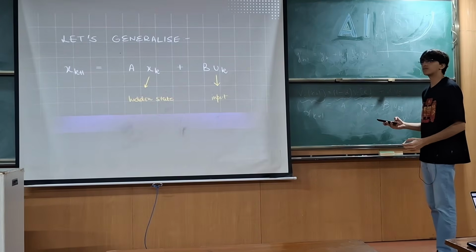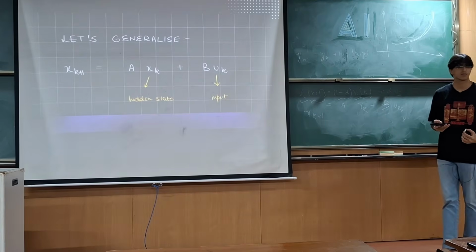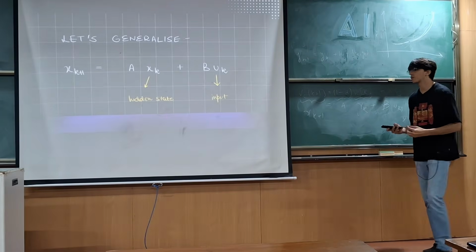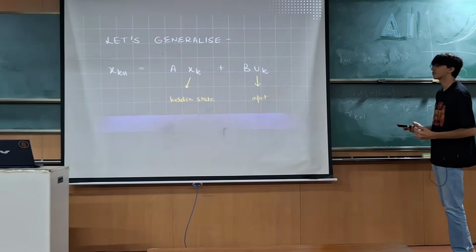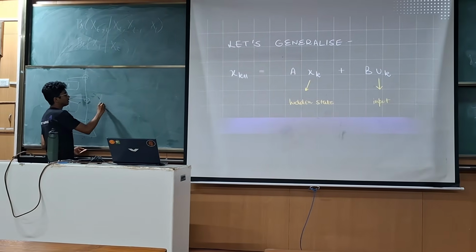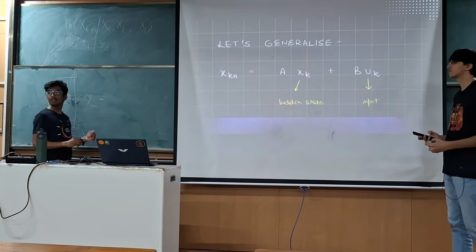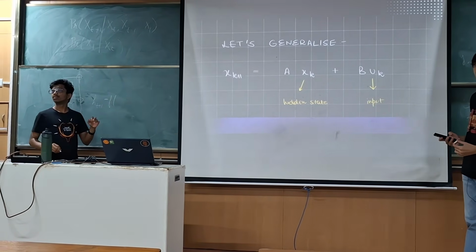Just to ensure that everyone gets it, do you remember what the RNN equation was? The hidden state: h of t plus 1 is equal to an activation of W_hh times h_t, plus W_xh times the input x_t, plus a bias.